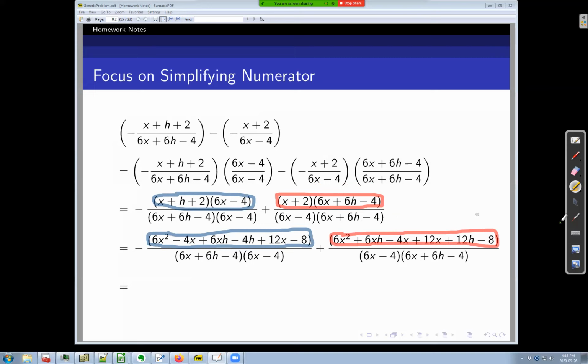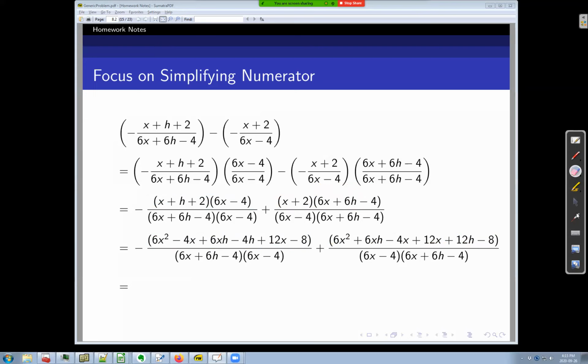We're getting close. The hard part is over. Now we just have to clean this up. Because if you look at this now, oh no, I guess I'm going to do one other step. I'm going to distribute the minus sign. I have a minus sign here. This minus sign I can apply to everything in the numerator.